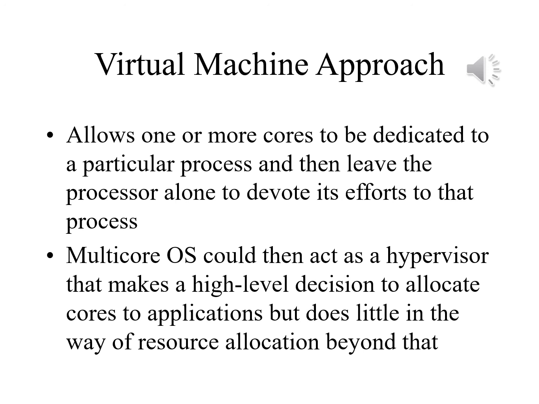If instead we allow one or more cores to be dedicated to a particular process, and then leave the processor alone to devote its efforts to that process, we avoid much of the overhead of task switching and scheduling decisions. The multi-core operating system could then act as a hypervisor that makes a high-level decision to allocate cores to applications, but does little in the way of resource allocation beyond that.